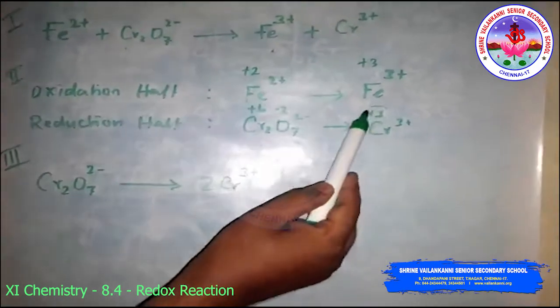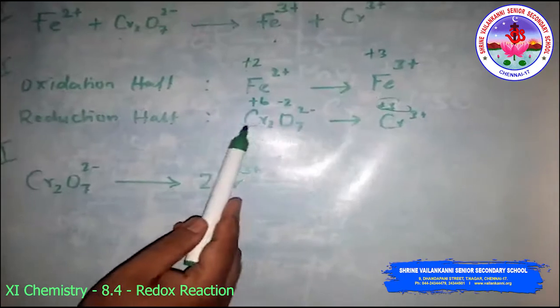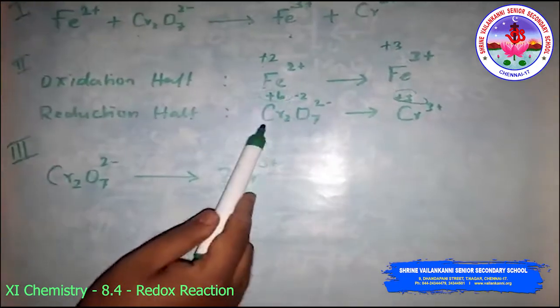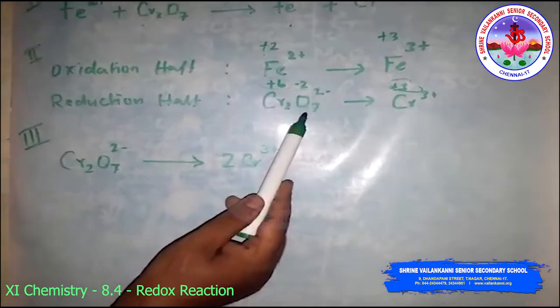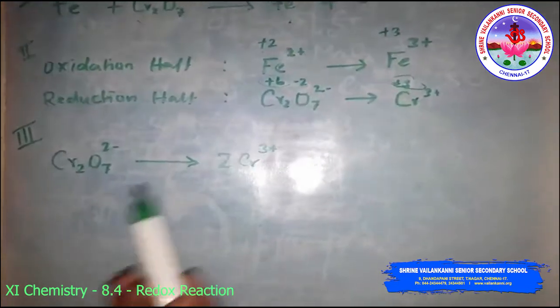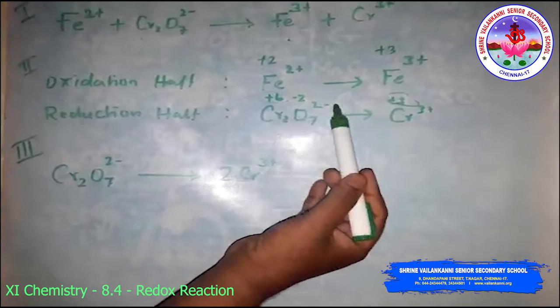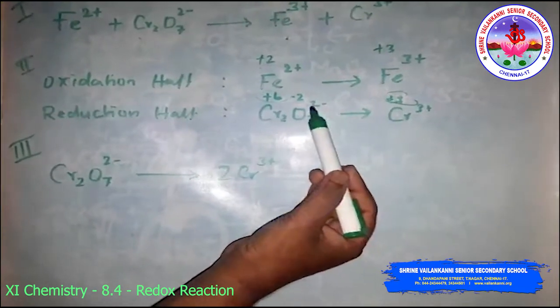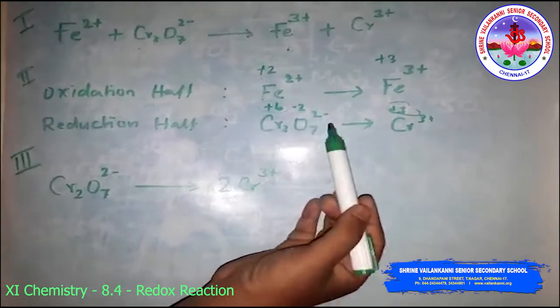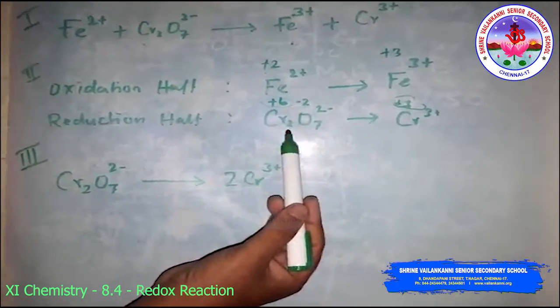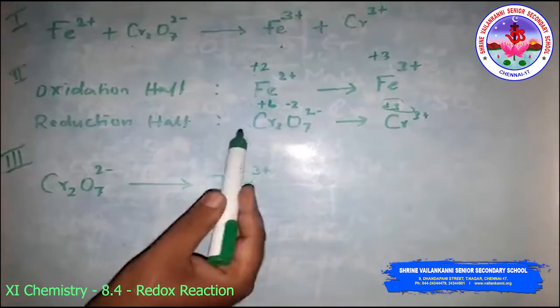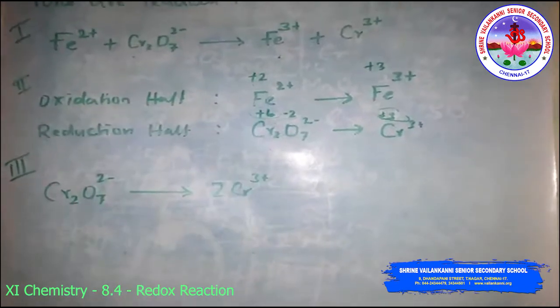Here the chromium oxidation state is plus 3. You must find out the oxidation state of chromium in dichromate. Oxygen is 7, 7 into minus 2 is minus 14, which moves to that side as plus 14. Plus 14 minus 2 becomes 12. So for Cr2, 12 by 2 is 6. So the oxidation state of chromium is plus 6.